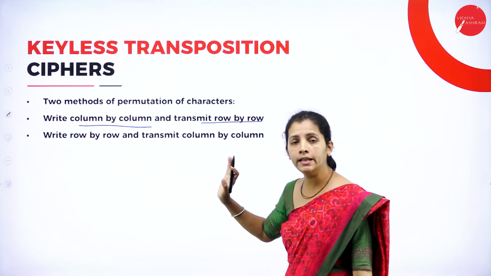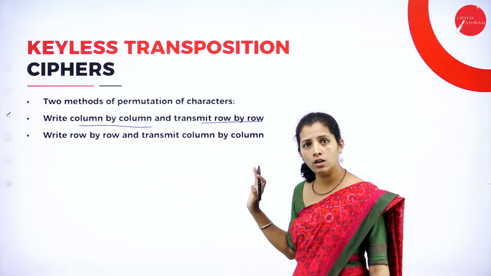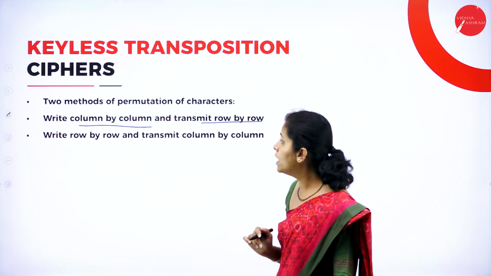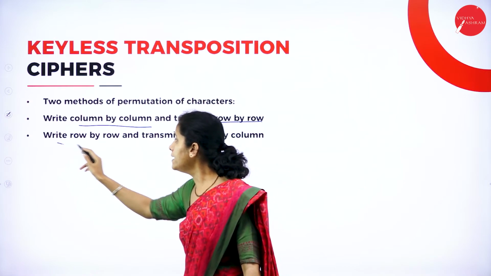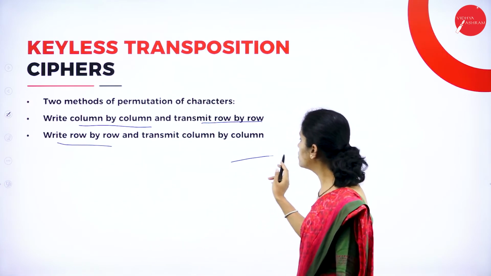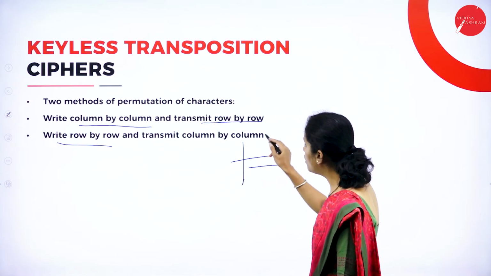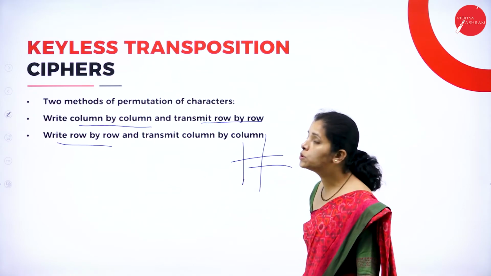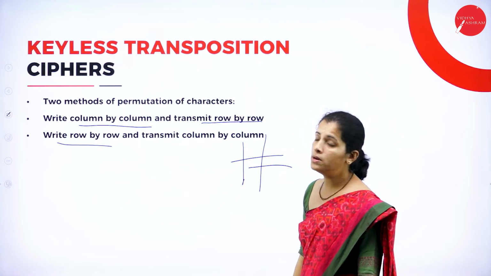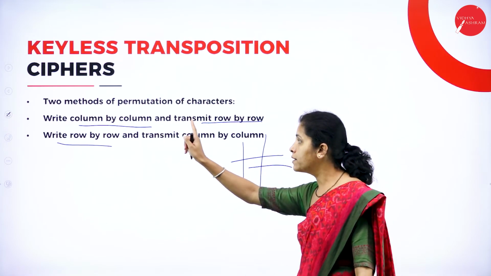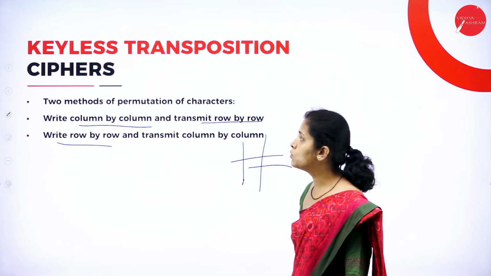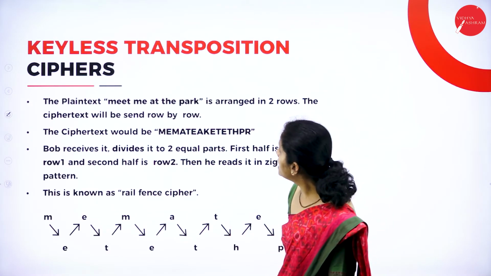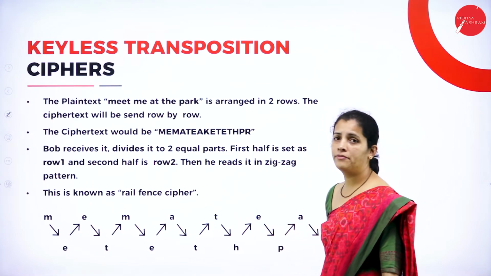While writing, I'm going to write column by column, and while reading, I'm going to read row by row. And another one, write row by row and read column by column. Anyway, dear student, we are going to solve certain problems under column by column as well as row by row. So at the beginning, I'm going to have keyless transposition cipher.